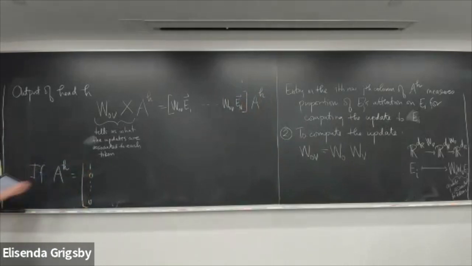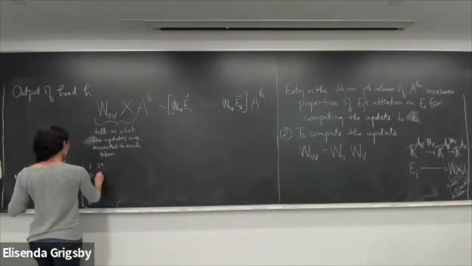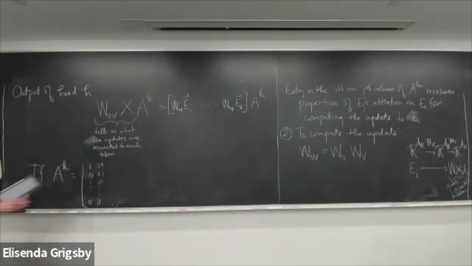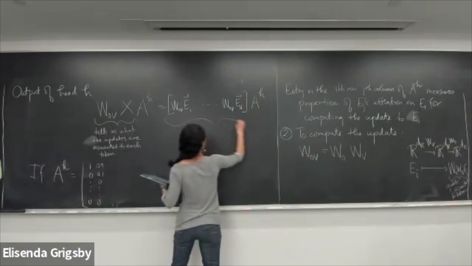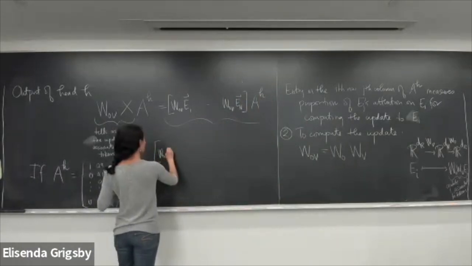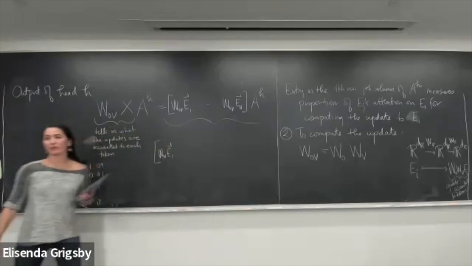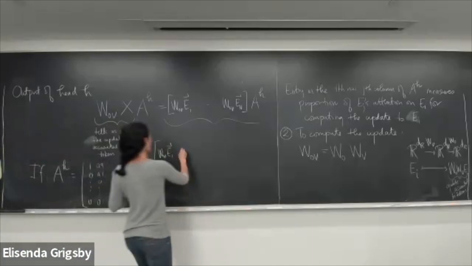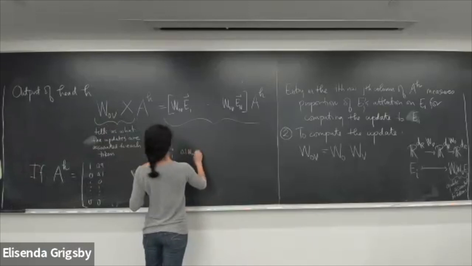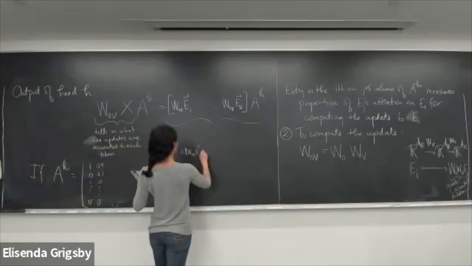And if it were 0.9 and 0.1 here, then the first column would be WOV E1. And then the second column would be 0.9 times WOV E1 plus 0.1 WOV E2.